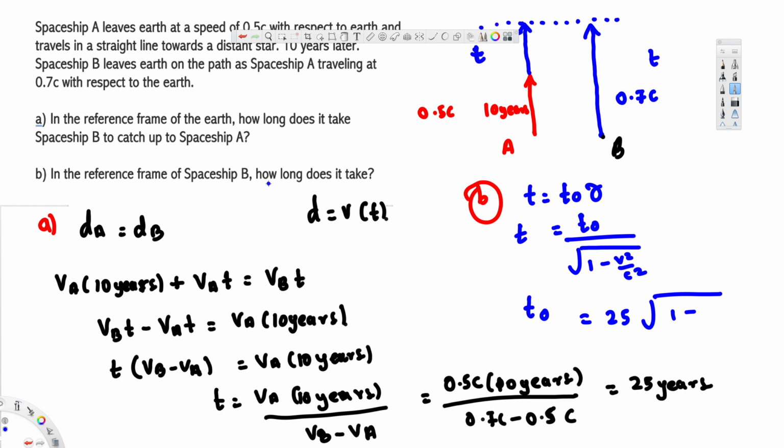In our case B is traveling with 0.7c, so this is (0.7c) squared divided by C squared, and if you calculate this you are going to get 17.85 years. So in the reference frame of Spaceship B, it's going to take 17.85 years to catch up.